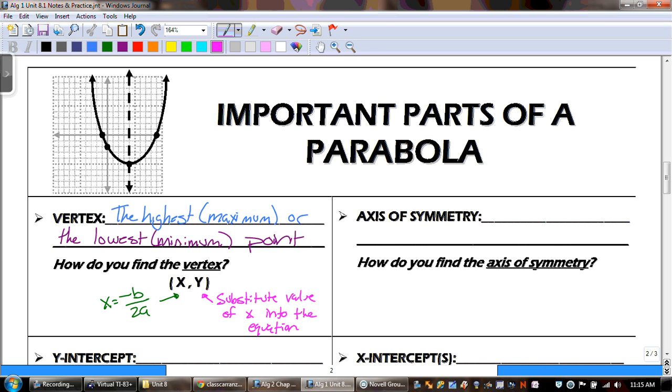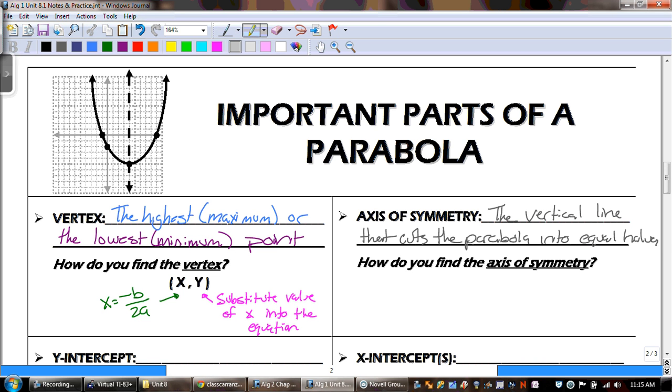Now, the axis of symmetry. The axis of symmetry is the vertical line that cuts the parabola into equal halves.